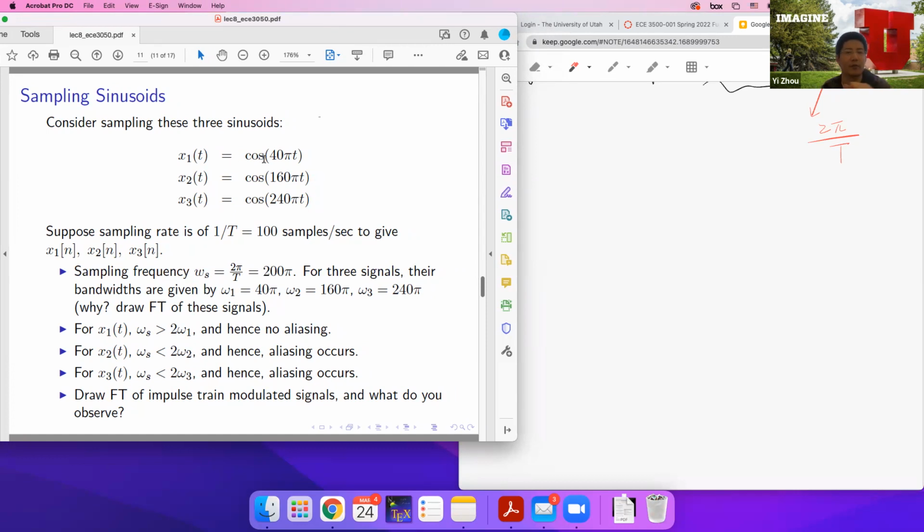They are given specifically as follows. X1 is cosine 40 pi t. It's a very specific signal. X2 is cosine 160 pi t, and X3 is cosine 240 pi t. Now we can see that their angular frequencies are different, which means they have different frequencies and different fundamental periods.